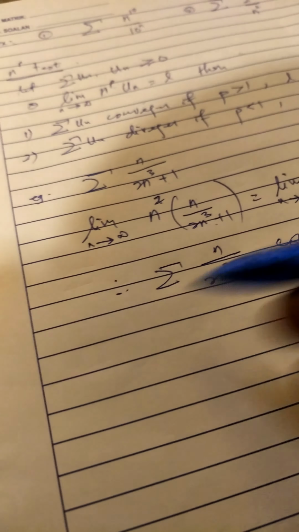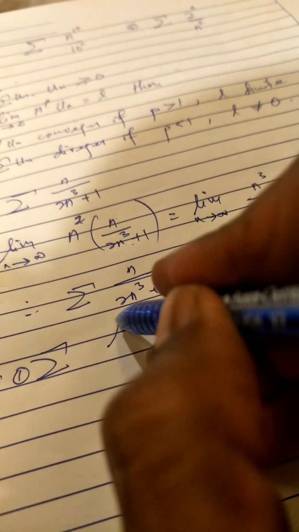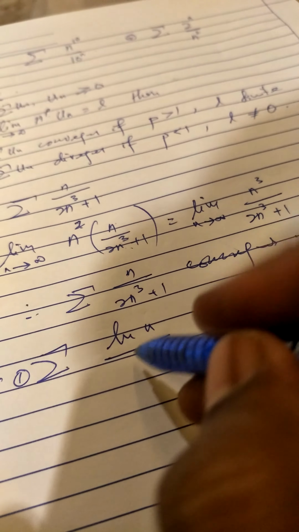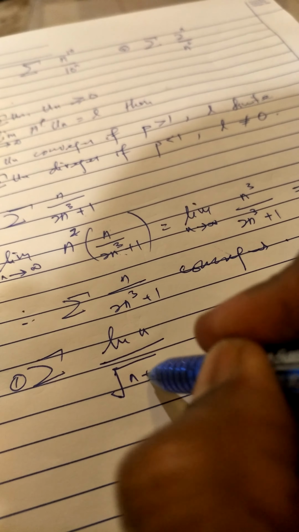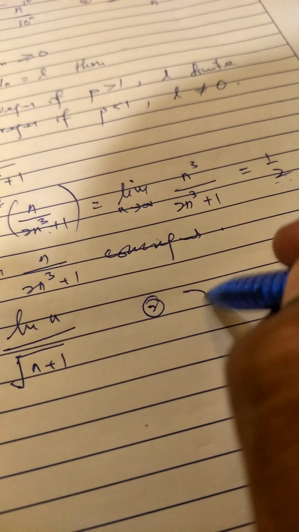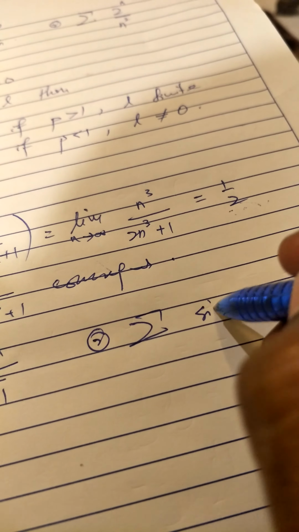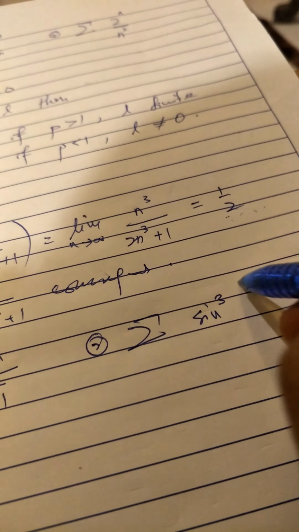Now you can try this. I leave it to you as an exercise. Let's say ln n over n plus 1. Number two, let's say we have sine cubed of 1 over n.